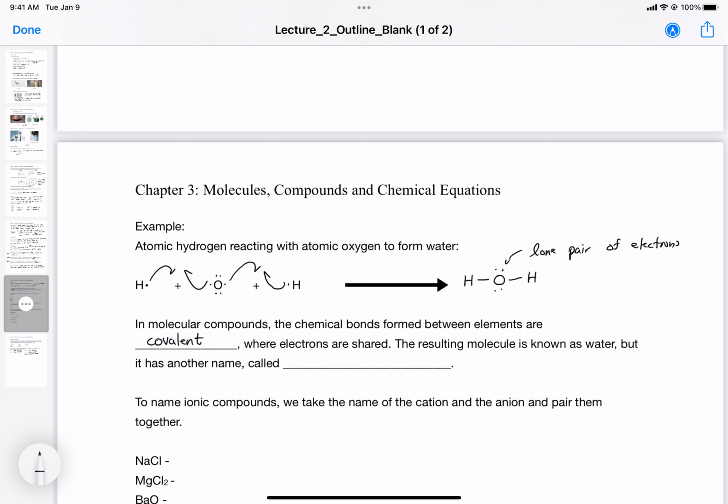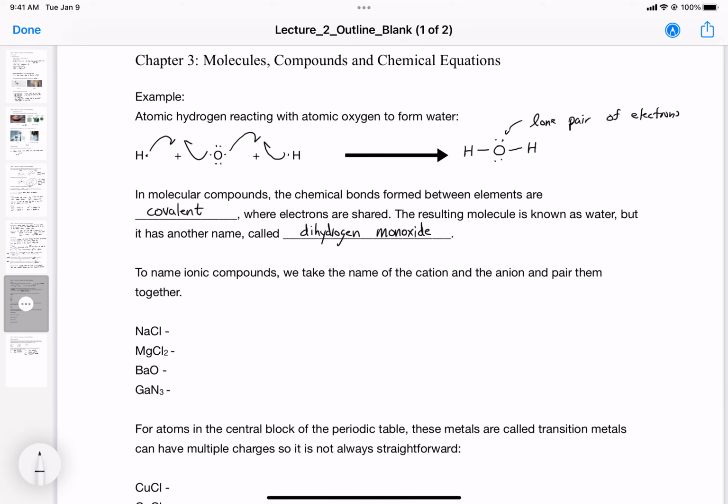Okay, where electrons are shared. So this molecule is called water, but chemically speaking, we can call it by its formal name, which is dihydrogen monoxide.